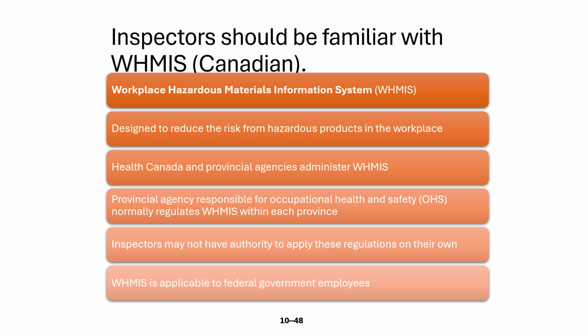As we previously mentioned, inspectors may not have authority to apply these regulations on their own. WHMIS is applicable to federal government employees through the Canada Labour Code, administered by Human Resources and Skills Development Canada.